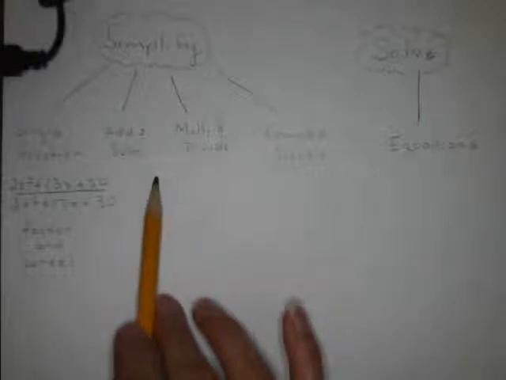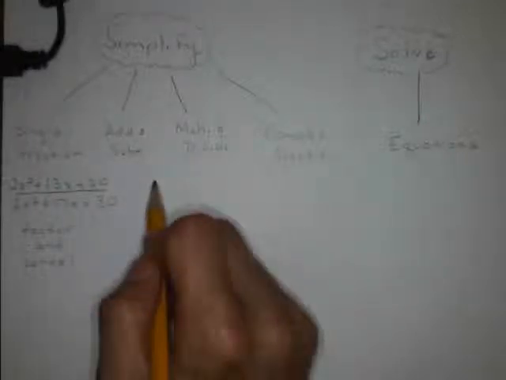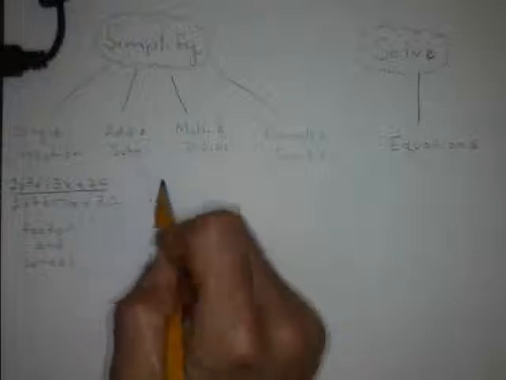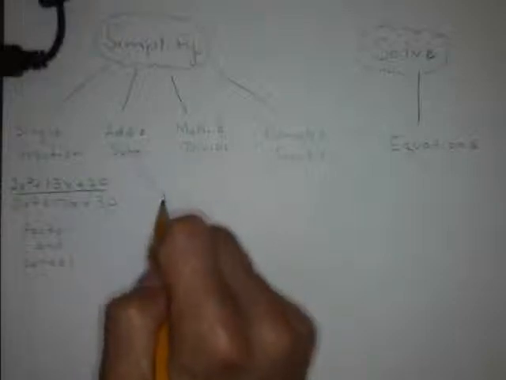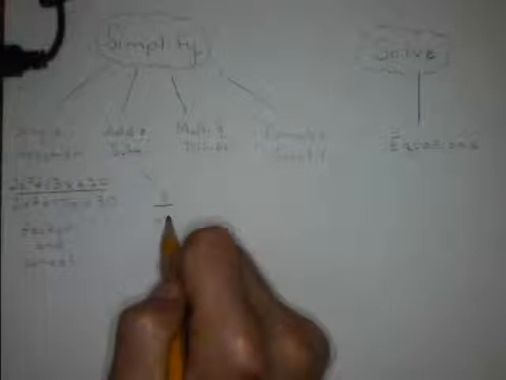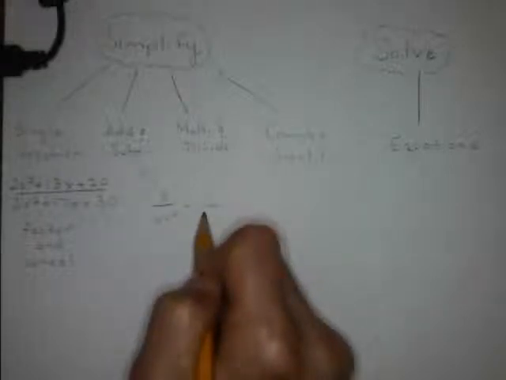The next situation, which requires simplifying, is adding and subtracting of fractions. An example would be 5 over 6x to the fourth plus 7 over 3x squared. Notice here the addition sign signals to us that we're adding two fractions.